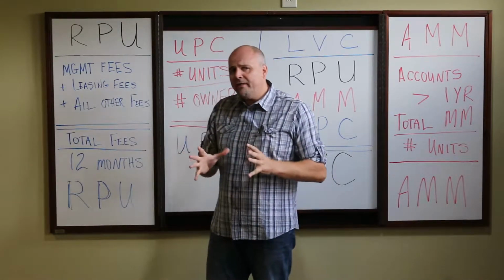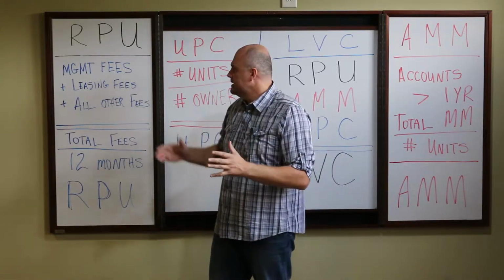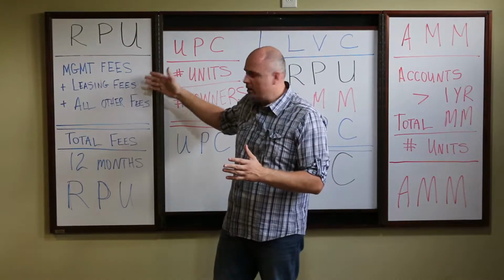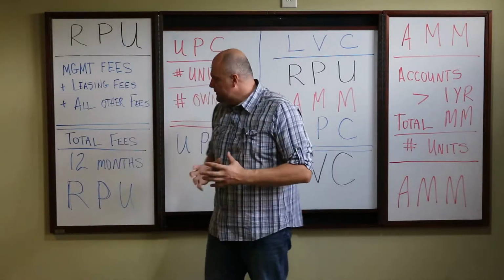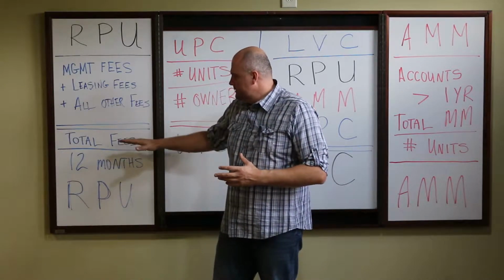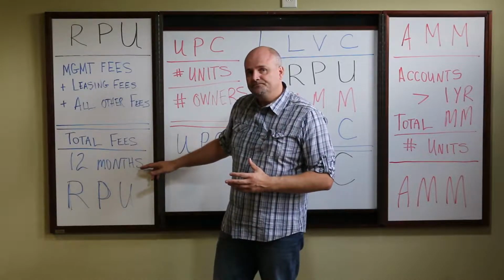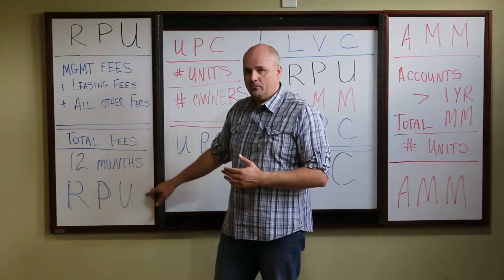You need to take all that fee income that you make in a unit and add it up for an entire year, so that you get the management fees that happen every month, the lease fees that are sporadic, and the other fees that may happen 2 or 3 times a year. So add up all your fee income, your total fees, and then divide it by 12 months. That's going to give you your revenue per unit per month.